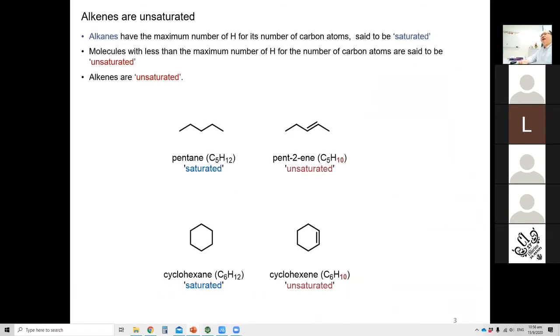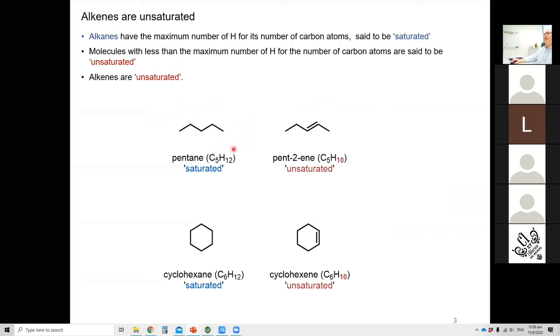Okay, so one important thing about alkenes is that alkenes are unsaturated. We say alkanes like pentane, C5H12, have the maximum number of hydrogens for their number of carbons. Every carbon has its bonds filled, and all the others are hydrogens, right?